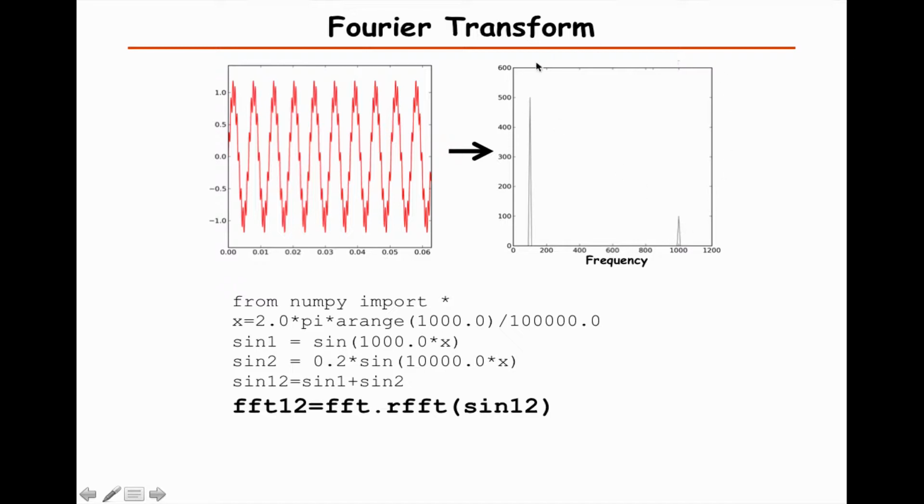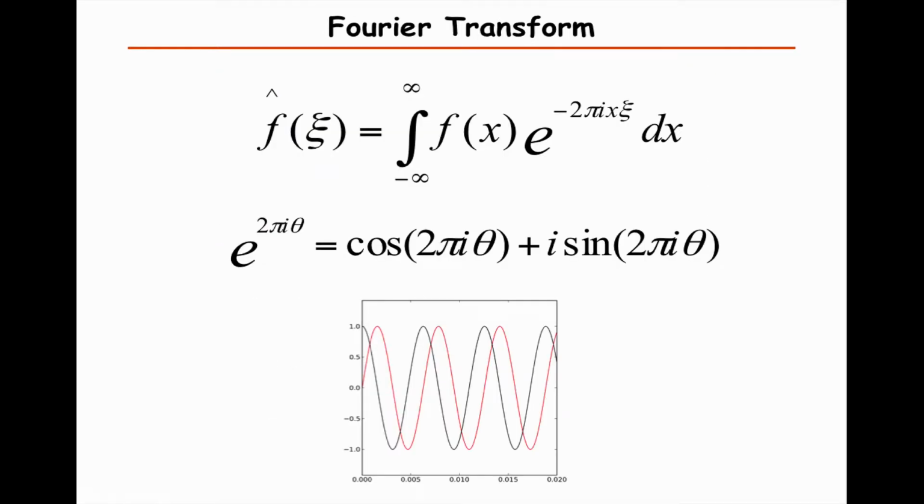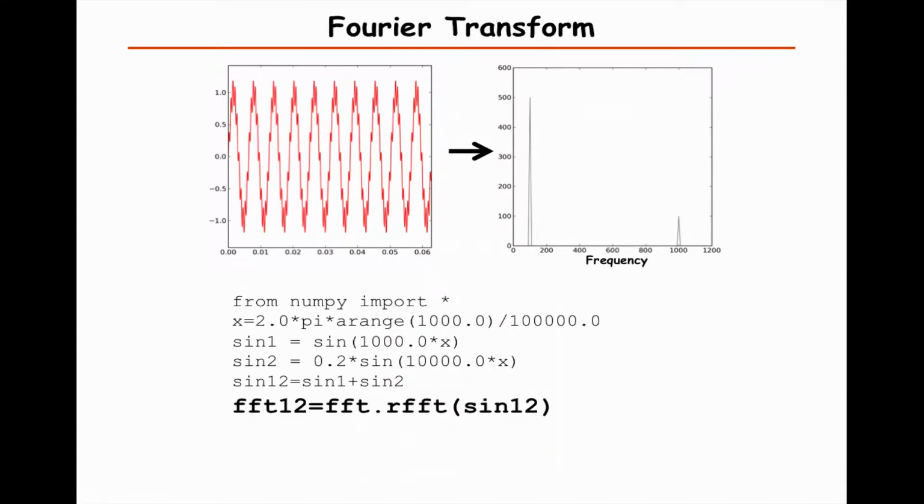When we plot this, we plot the absolute value of it. Remember, since we're going from real space to a complex space, we have both a real and an imaginary part. So to get the frequency distribution and the relative ratios here, we need to take the absolute value of the Fourier signal.